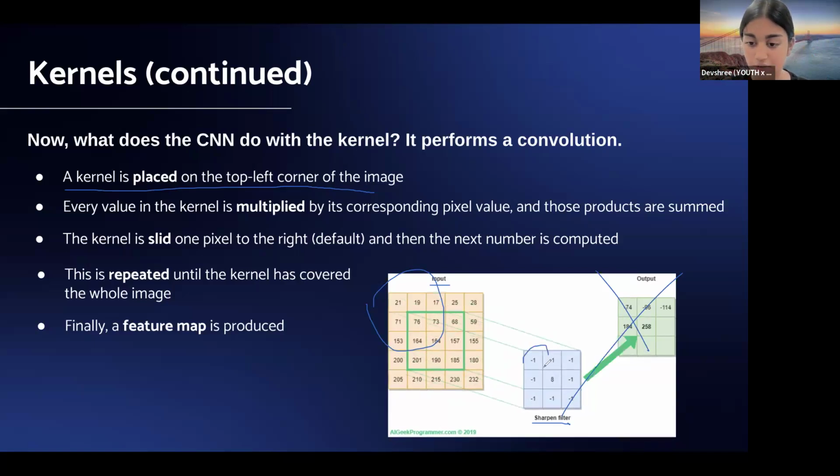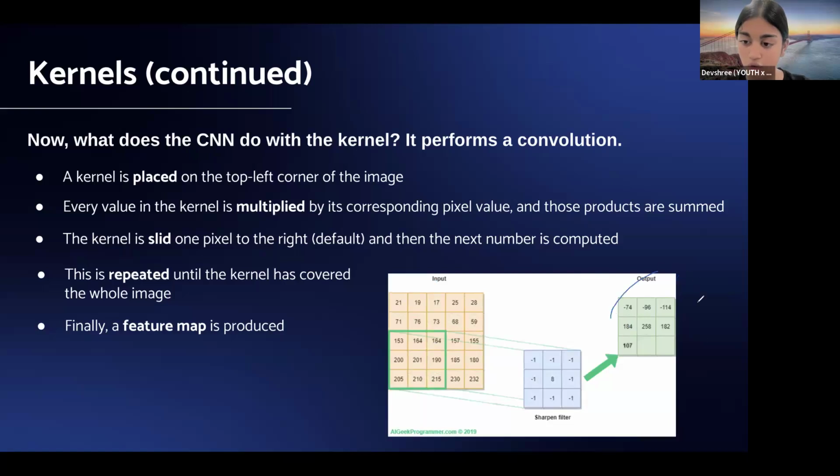For example, this -1 over here would get multiplied with this 21 over here because positionally they're in corresponding locations. And then after all these numbers have been multiplied, the sum of those products is found, and then that sum of the products is stored over here.